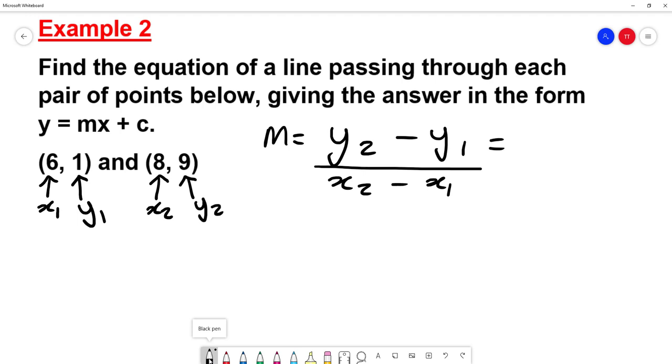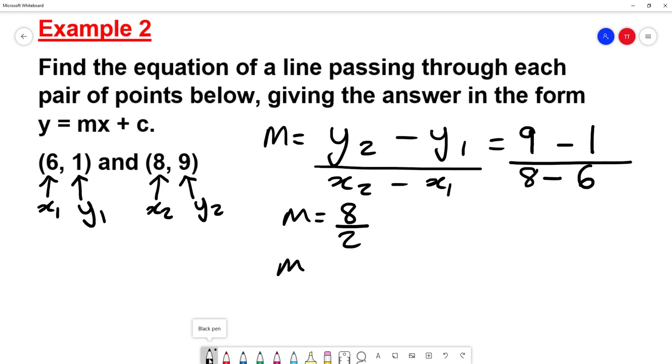So y2 is 9, y1 is 1, divided by x2, which is 8, minus x1, which is 6. So we get 9 take away 1 is 8, divided by 8 take away 6, which is 2. 8 divided by 2 is 4.